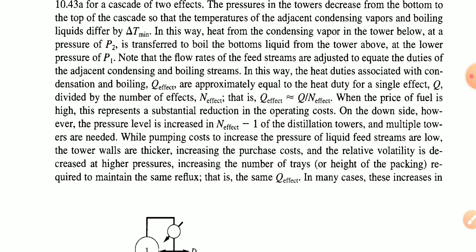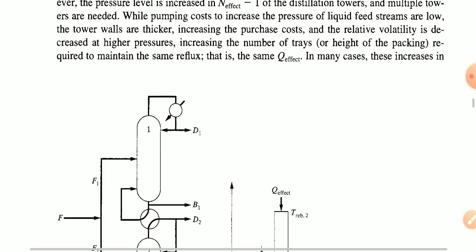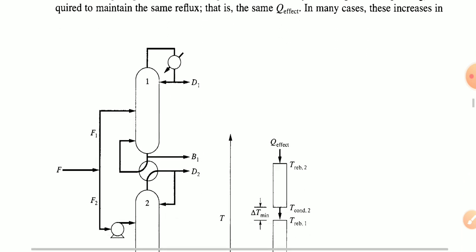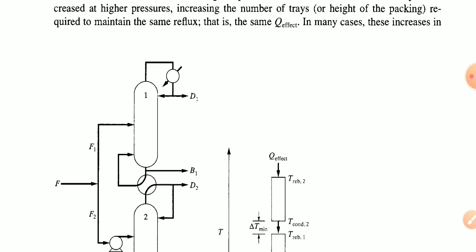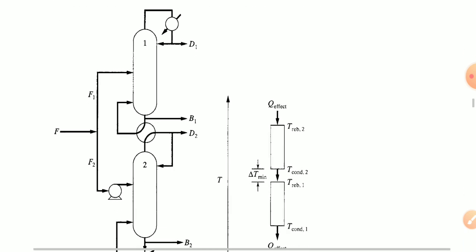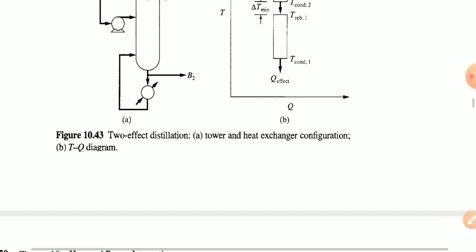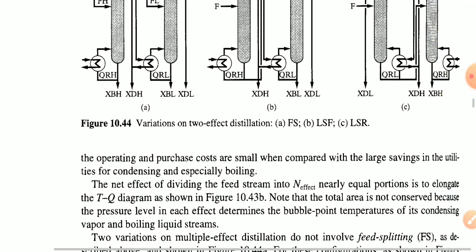The separate streams are low, the tower walls are thicker, increasing the purchase cost, and the relative volatility is reduced due to the higher pressure, increasing the number of trays or height of packing required to maintain the same reflux. This is the same Q effect in many cases. These are the points regarding this.